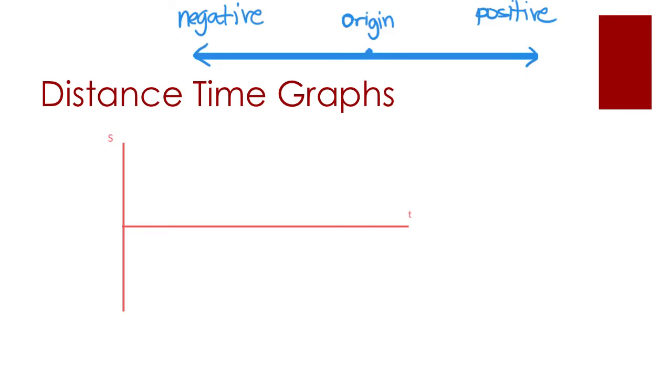So you can see up above, I've got a little distance timeline here. And so if I was at the origin right here, if I wanted to move in the positive direction, so I'm going to say to the right, I can move all the way over to here, and now my S would be a positive value. Likewise, if I'm on this side, my S is going to be a negative value.